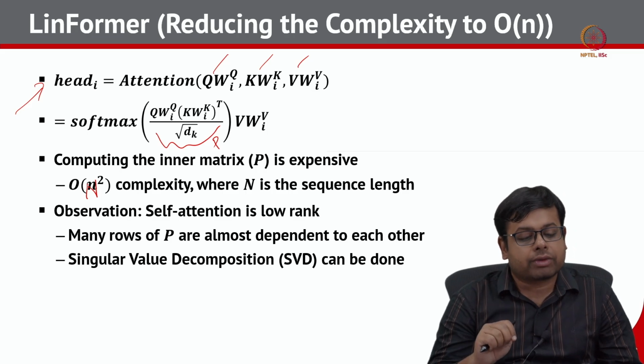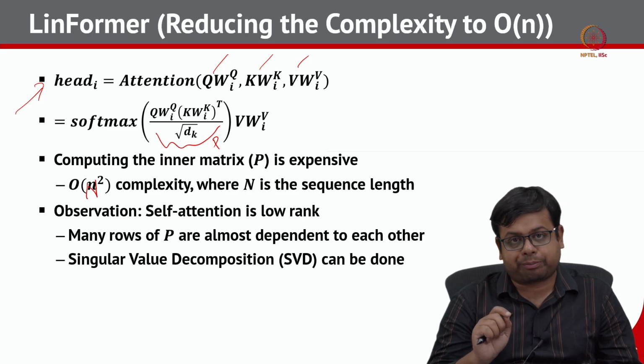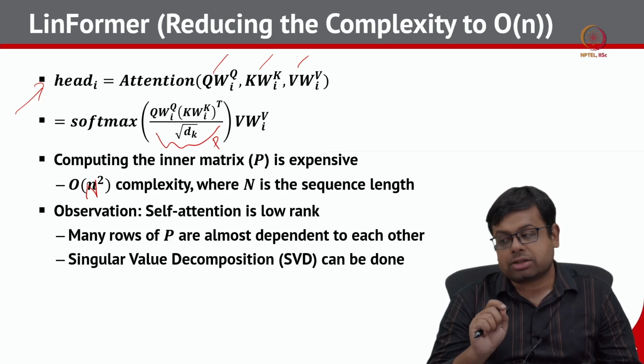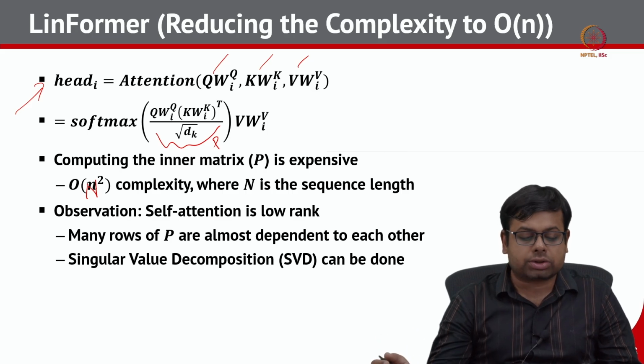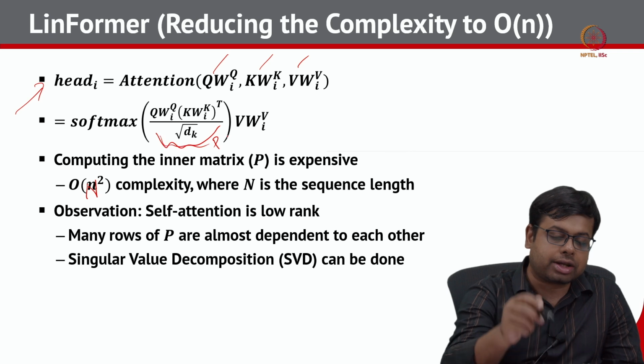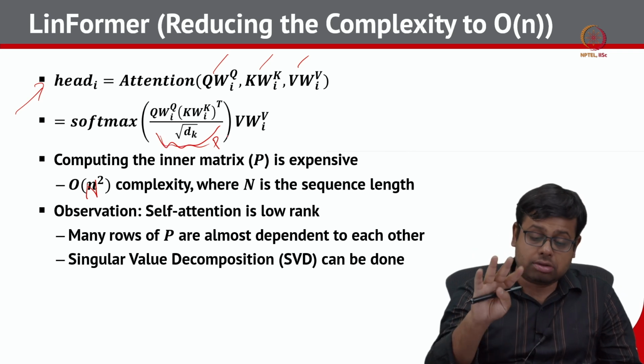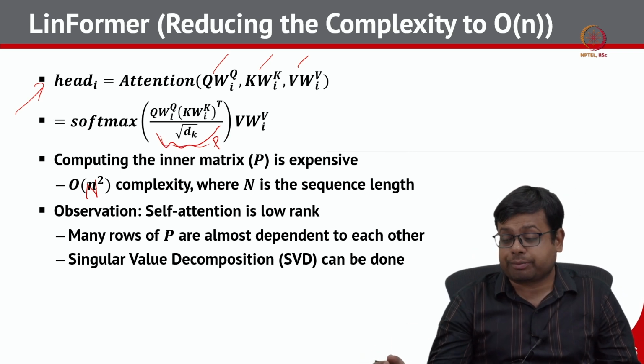In this paper, the authors made one crucial observation: that self-attention is low rank. Whenever they say low rank, that means many rows of this inner matrix P are almost dependent on each other.